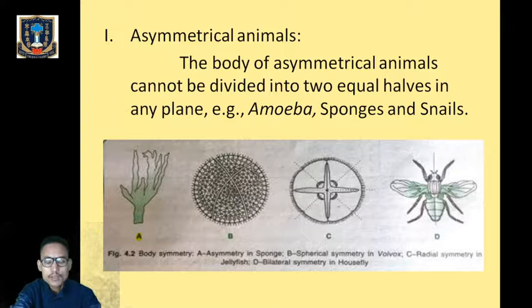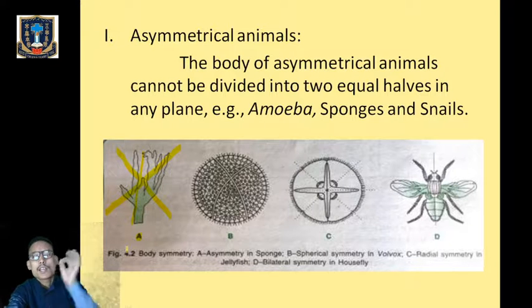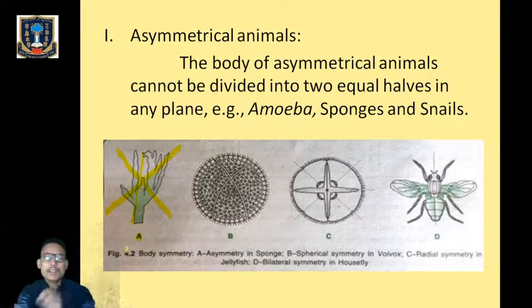When we cut it from this direction, or this direction, or this direction, the sponge cannot be divided into two equal halves. That's why they are called asymmetrical animals. And what does symmetrical animal mean?